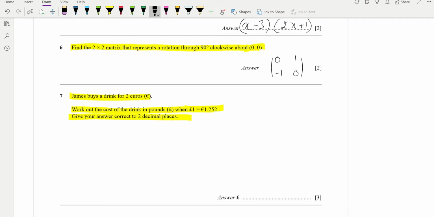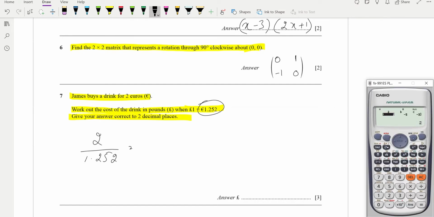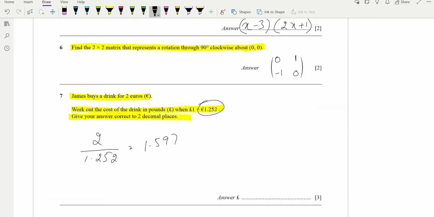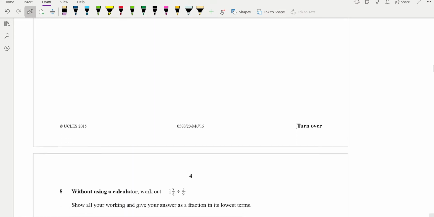So 2 euros will be divided by this conversion rate, which is 1.252. 2 divided by 1.252 is equal to 1.597, and we round it because they are asking for two decimal places, so 1.60 will be our answer. This is a 3 mark question which we are done.